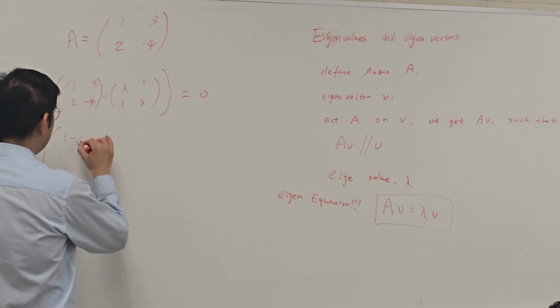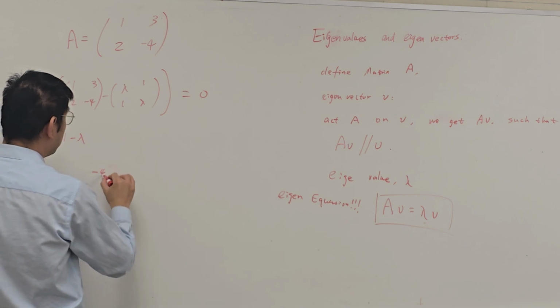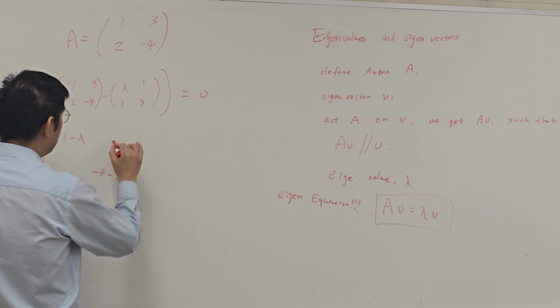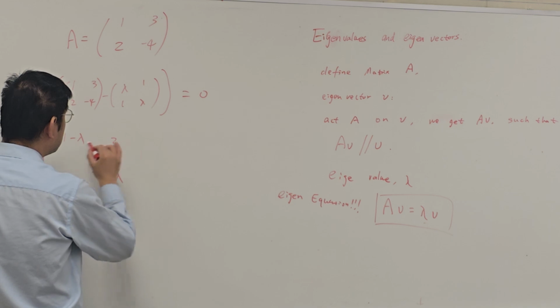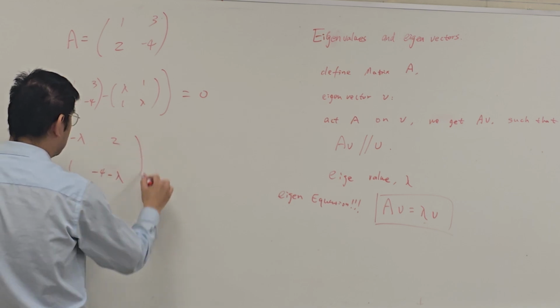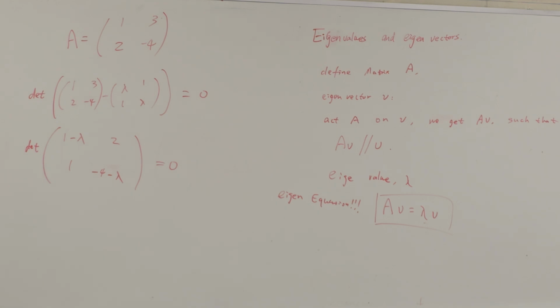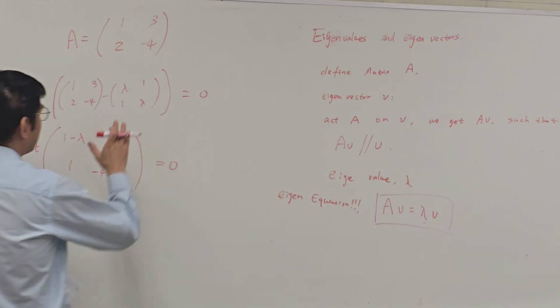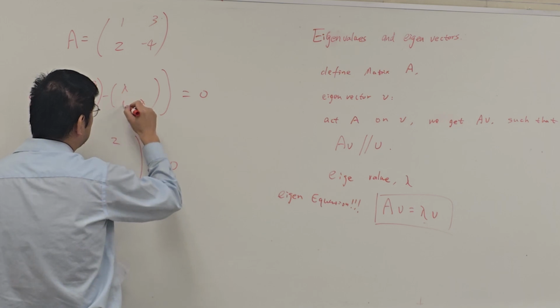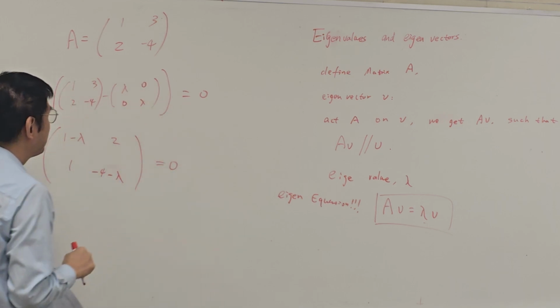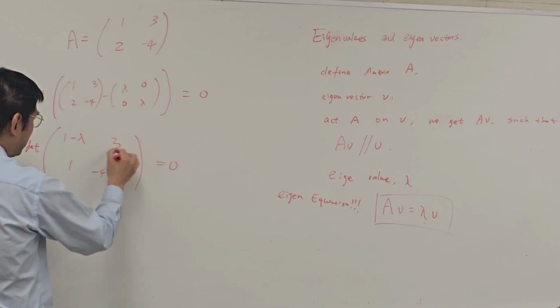It is 1 minus lambda, minus 4 minus lambda, 3, minus 1, 2, minus 1. Oh, unedited, sorry. This is lambda times I.